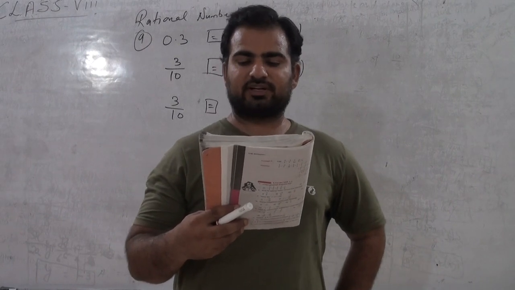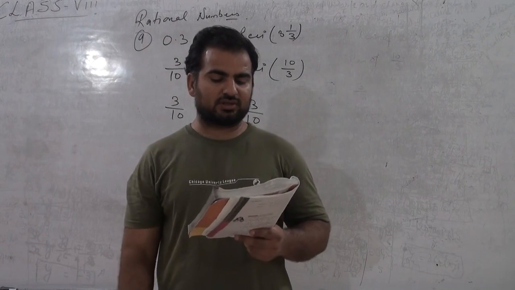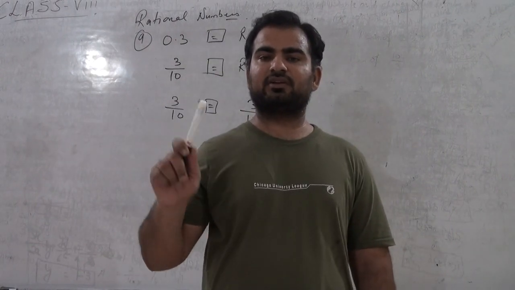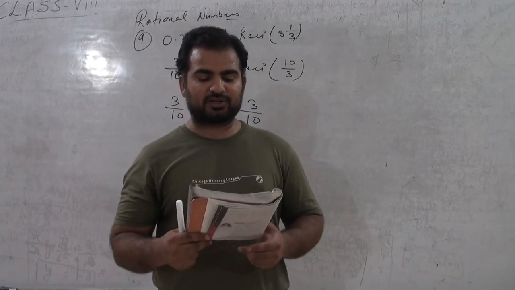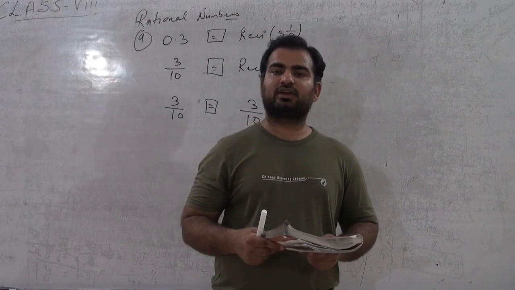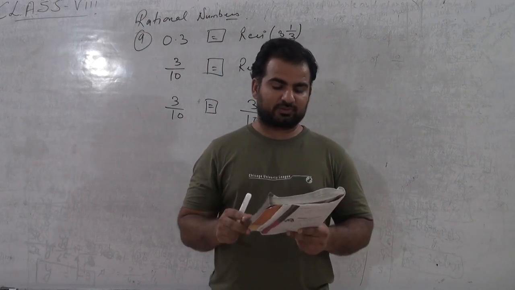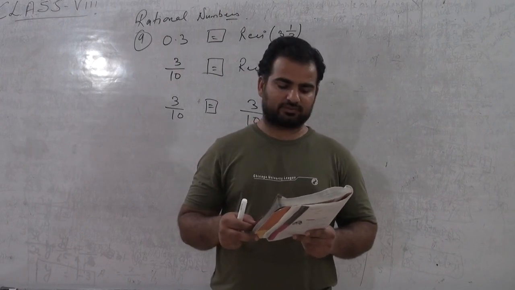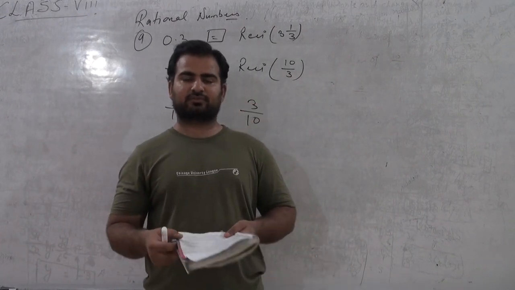The reciprocal of minus 5 will be minus 1/5. The reciprocal of 1/x will be x/1, or just x. The product of two rational numbers is always a rational number. The reciprocal of a positive rational number is always positive.